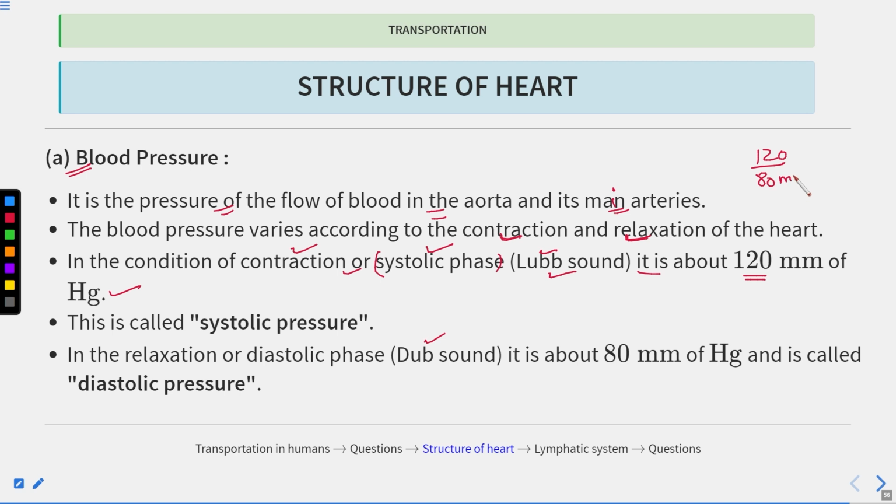So the upper value, 120, is during the contraction of the heart, during the systolic phase, and the lower value is during the diastolic phase.